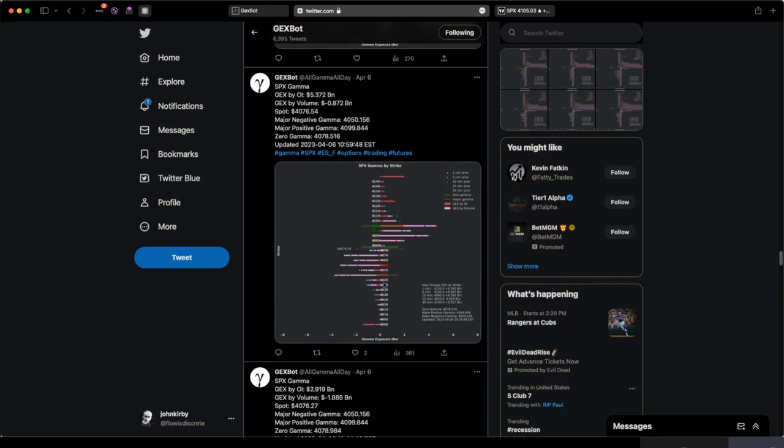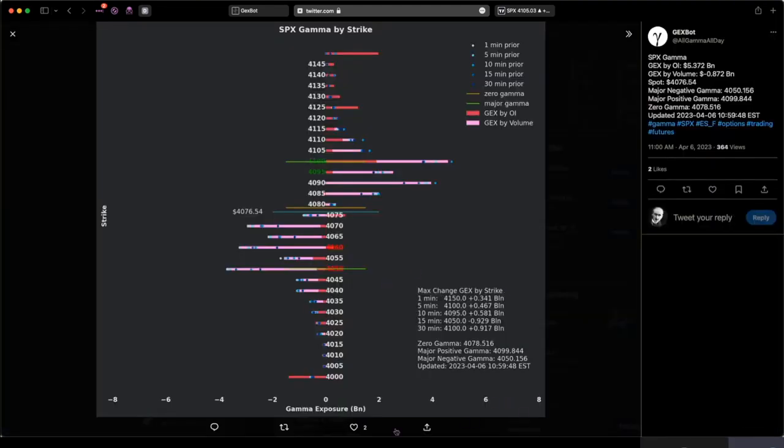But this is at 11 a.m., and I think this was probably the most revealing of the entire day, to be honest, because price was still at 4076, and you can see not only were the 4090s still around where we saw them last time, but the 4100s, despite the fact that spot is so far away, it has been away for a while, look at where they are. They're right back.